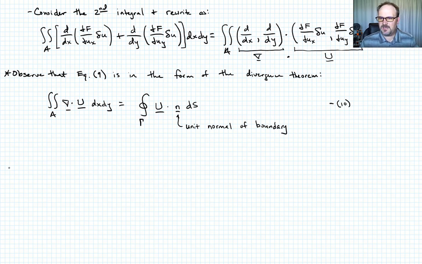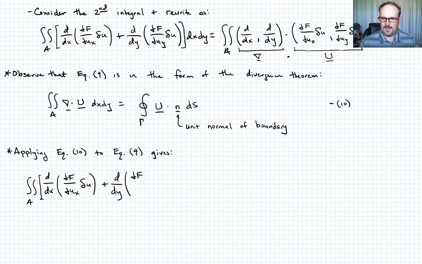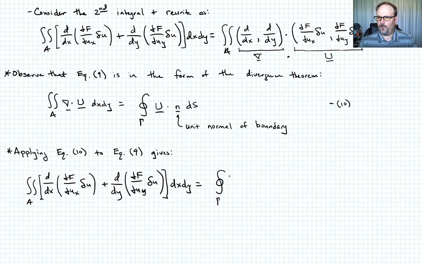So I want to apply equation 10 to equation 9 to get the following. I'll write the first side: the integral over A of d/dx of partial f with respect to ux delta u, plus d/dy of partial f with respect to uy delta u, dx dy. That's going to be equal to the integral over the boundary of u dot n. What is u dot n going to look like?